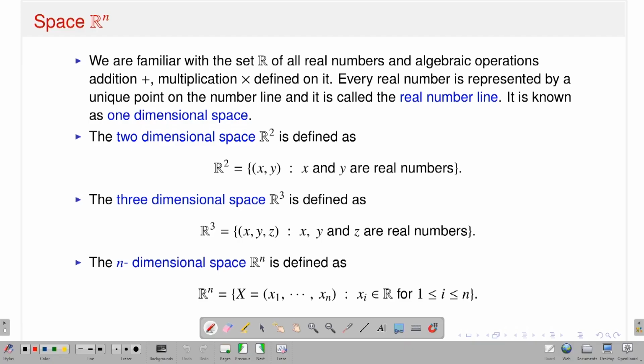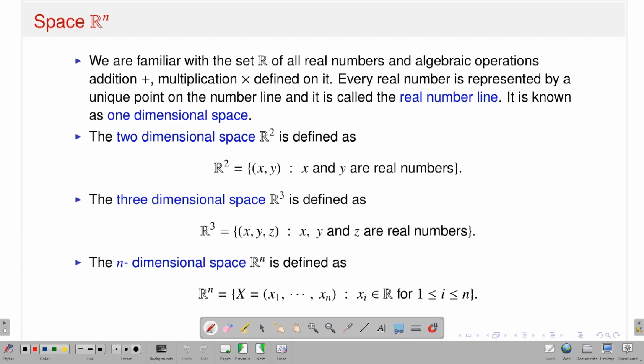Here we may not use that arrow symbol. Whenever it represents an n-tuple, it is a vector in Rn. If the dimension n is 1, the elements of R are called scalars, or just real numbers, and they are generally denoted by small or lowercase letters.